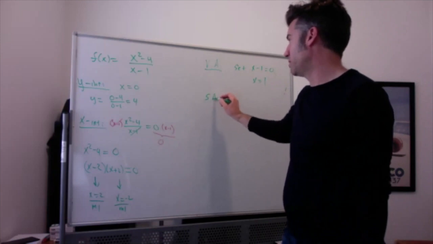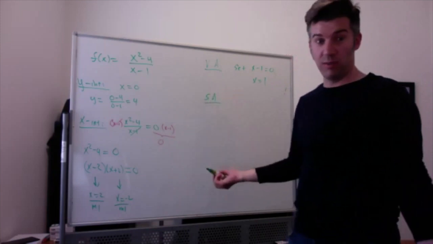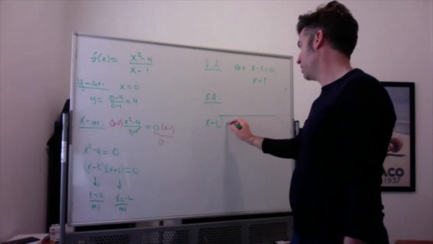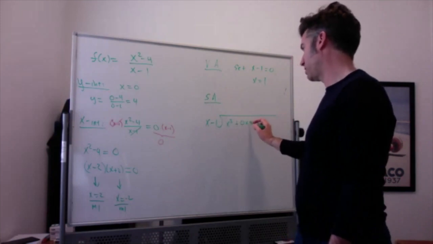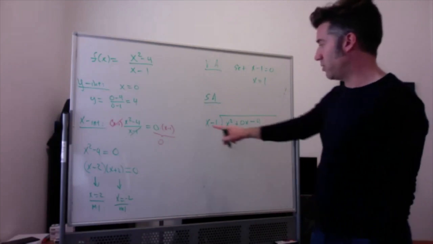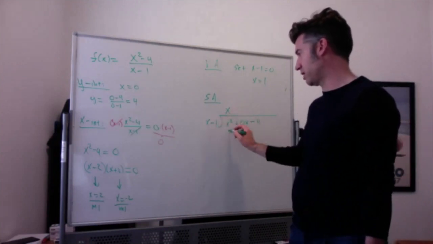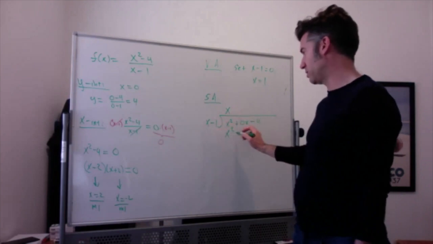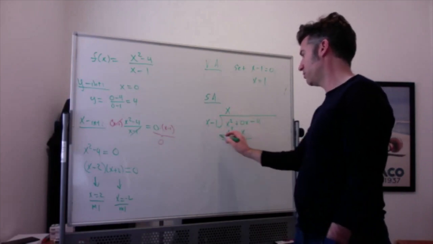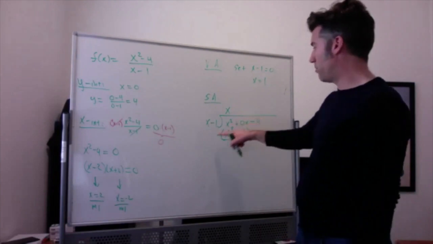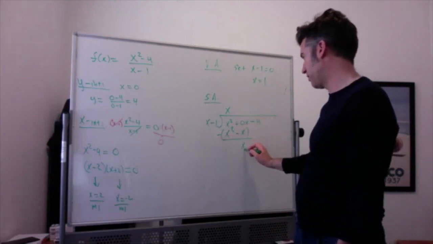For my slant asymptote, I'm going to do the polynomial division: x minus 1 into x squared plus 0x minus 4. So x times x is x squared. X times minus 1 is minus x. Subtract: 0, and then 0 minus x is positive x.